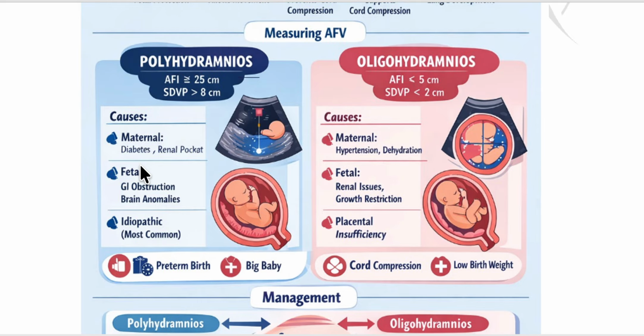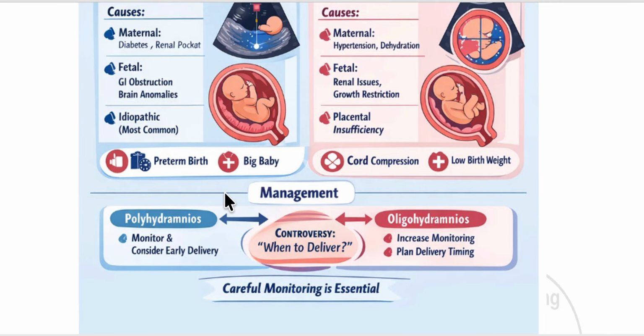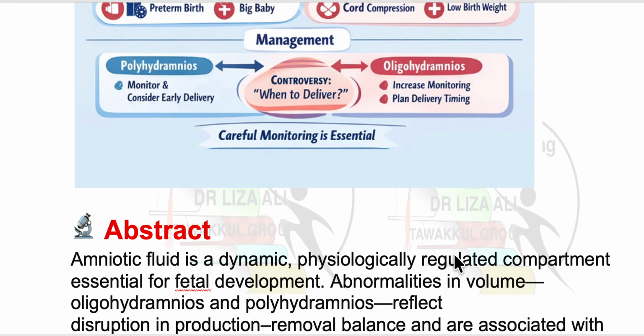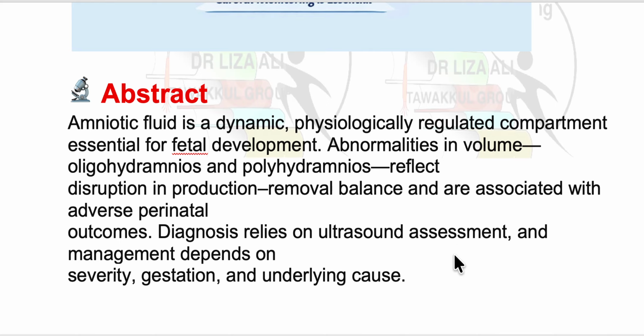So these are the causes. If we consider management, for polyhydramnios we monitor and consider early delivery, and for oligohydramnios, increased monitoring and planned delivery timing. We will discuss all the algorithms which we have done. First, we have to understand what amniotic fluid is.